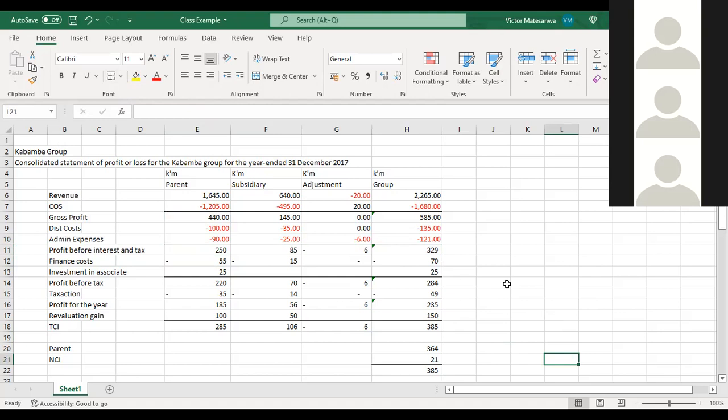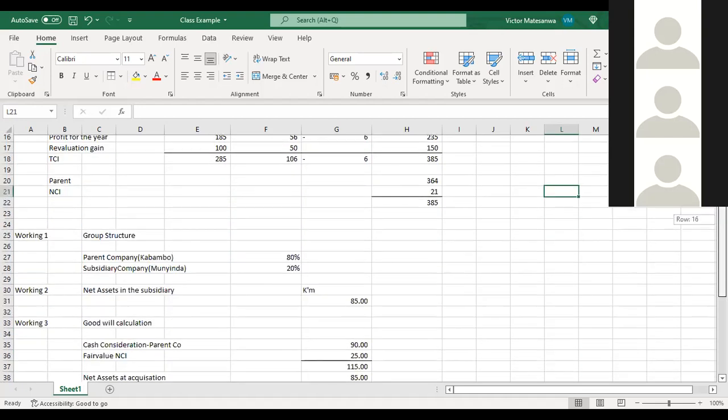Okay, so we have the finance cost, investment in associate. Just explain to me what you did. You had the 100 times 25, right?